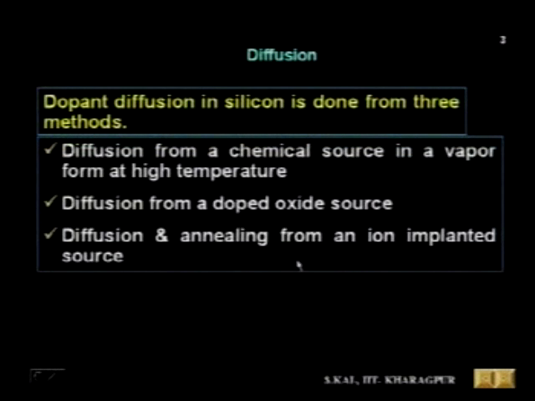Now, diffusion and annealing from an ion implanted source, that we will discuss in detail in the ion implantation chapter. Now, diffusion mechanisms. Silicon is a single crystal material, and in wafer form we diffuse impurity atoms into the single crystal structure.